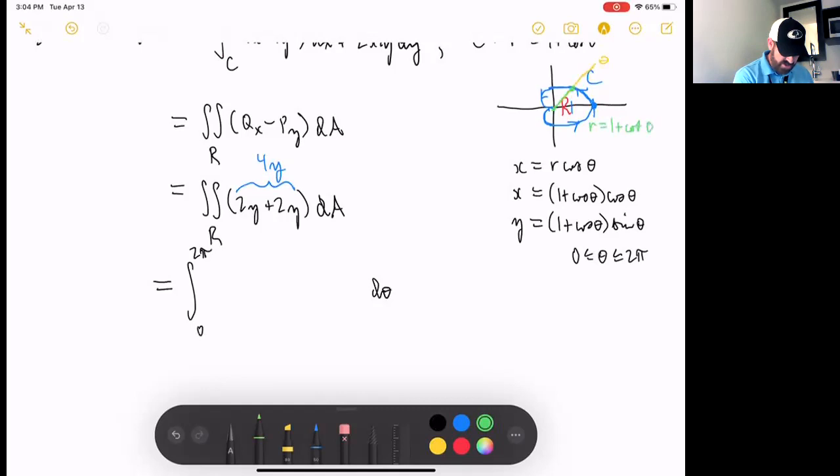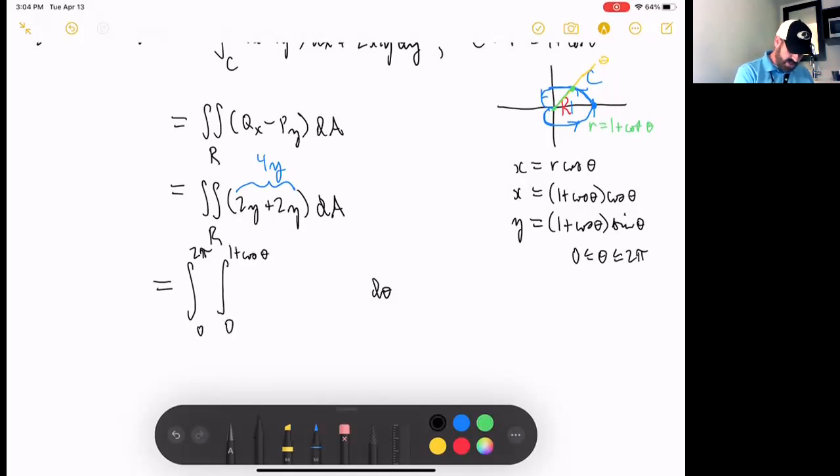It's the cardioid after all. Okay, so fix any theta, R travels between 0 and that curve, R equal to 1 plus cosine of theta. That's what's going to intercept that entire region. Okay, so let's write that down. R itself goes between 0 and 1 plus cosine of theta.